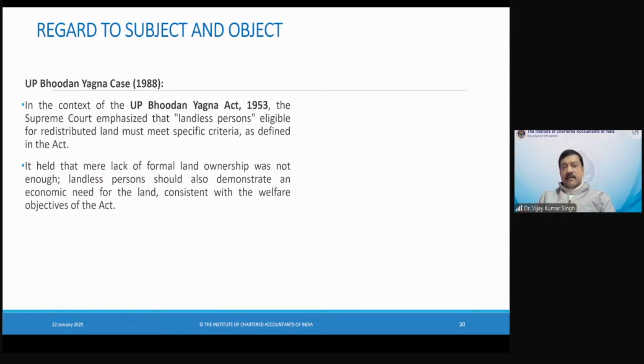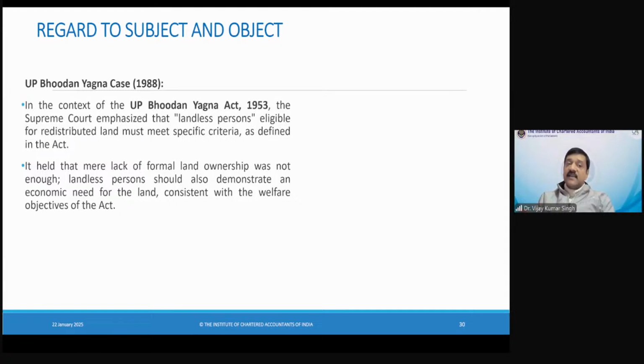Now, there are a number of elements, and many a time when you are talking about reasonable construction, literal construction, or harmonious construction, you have to refer to the subject and object of the law. Let us take another example, the UP Bhudan Yagna case.